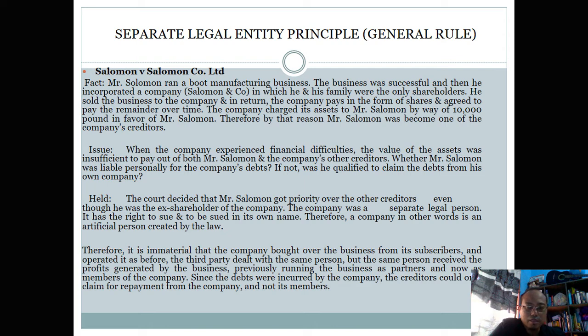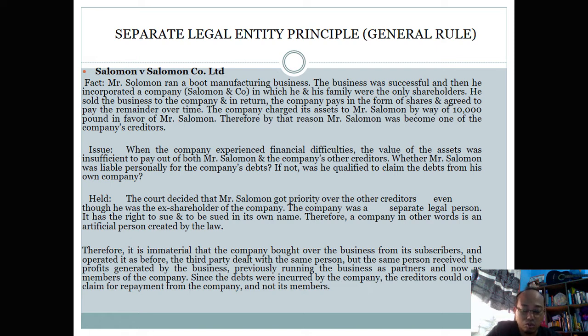Why? Because the company was a separate legal person. It has a right to sue and to be sued in its own name. This is when the company has been incorporated.